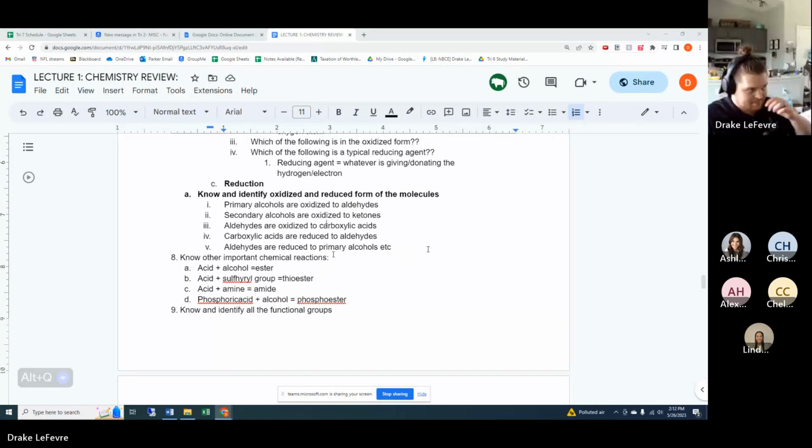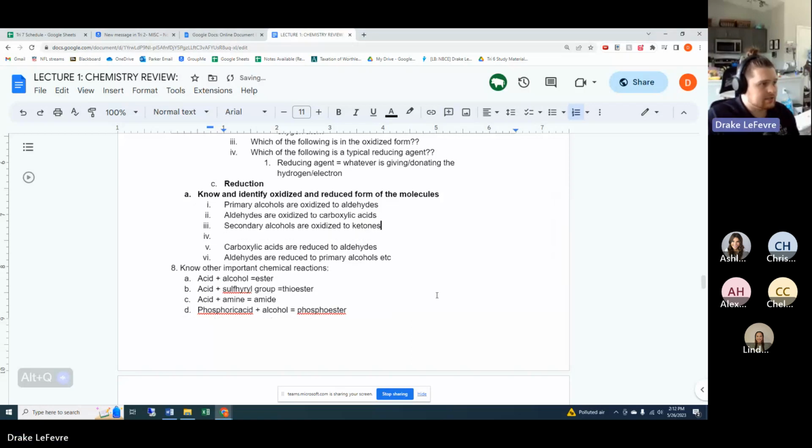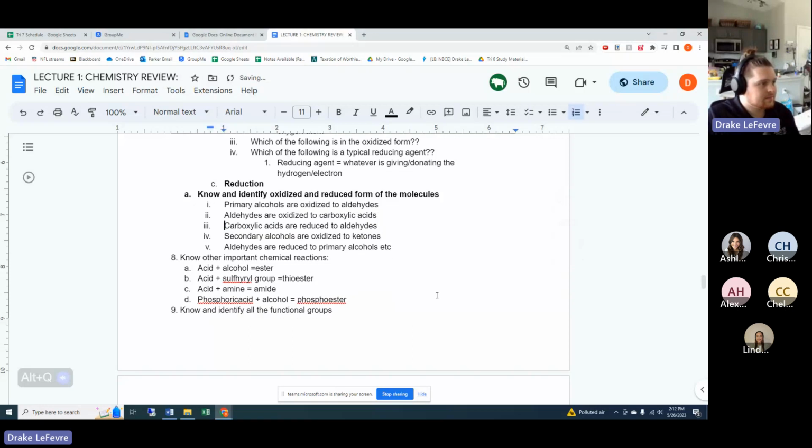Yes, thank you. Okay, so primary alcohols go to aldehydes. Secondary alcohols go to ketones. Aldehydes are oxidized to carboxylic acids. You can even rearrange these. What this is saying is that carboxylic acids are reduced to aldehydes.